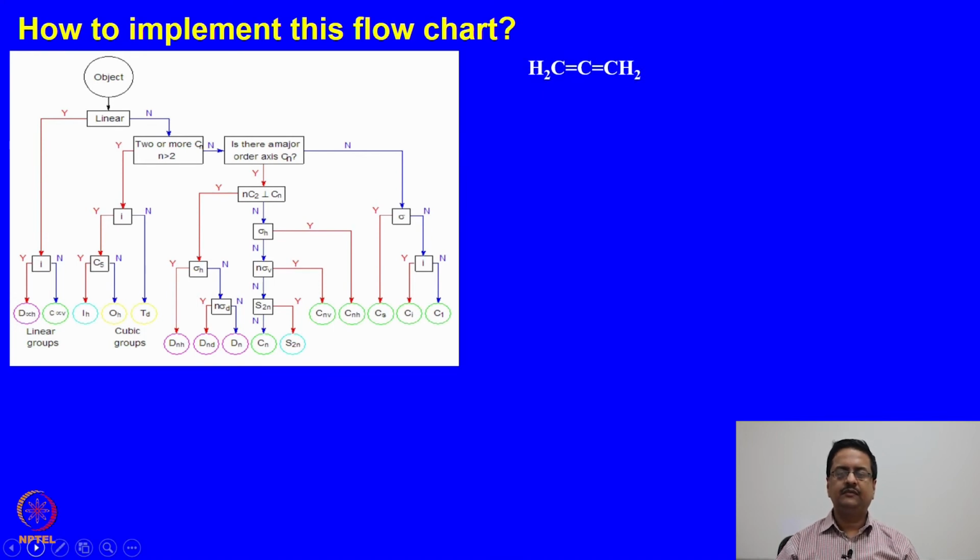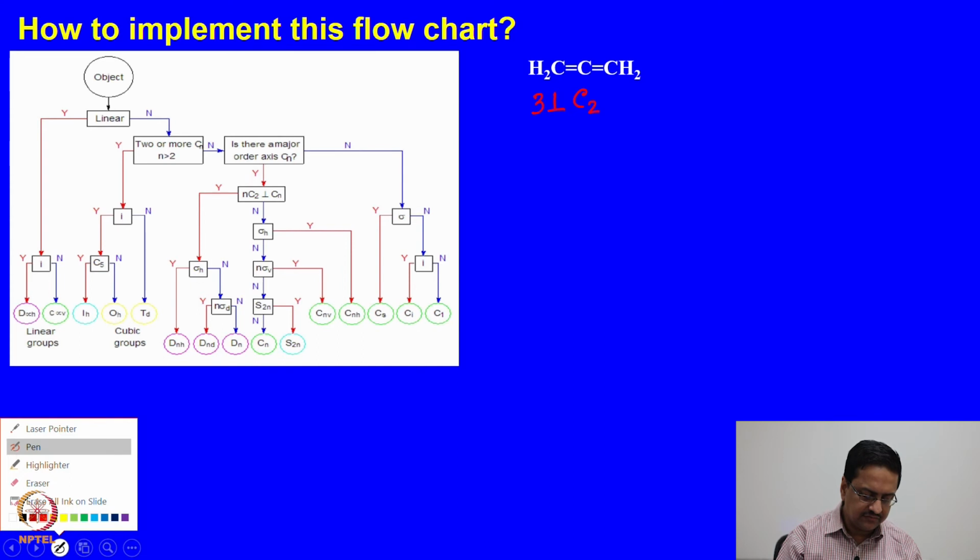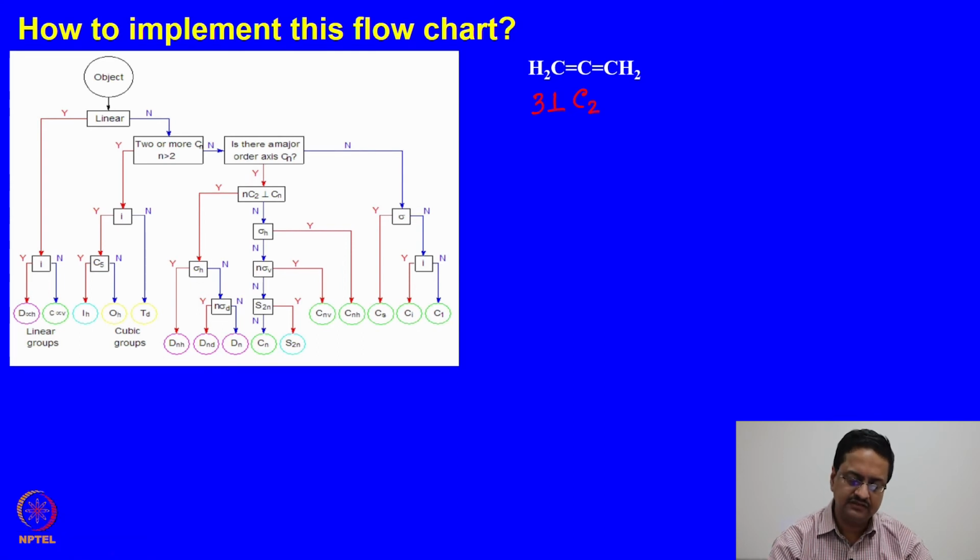Now comes that famous molecule called allene. In the previous class, we saw, by drawing this allene inside a cube, that this allene has 3 perpendicular C2 axes. If you do not remember how it was drawn, maybe I should draw it once again here for your immediate understanding.